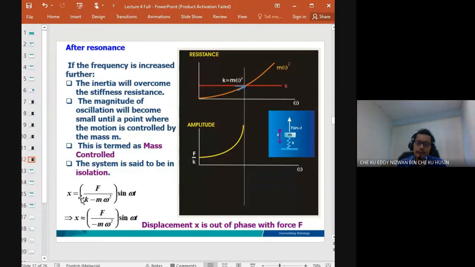We call this out of phase, 180-degree out of phase. The mass moves in the opposite direction of the force. If the force is in the upward direction, the mass will go to the opposite, downward direction. And if the force is downward, it goes vice versa.